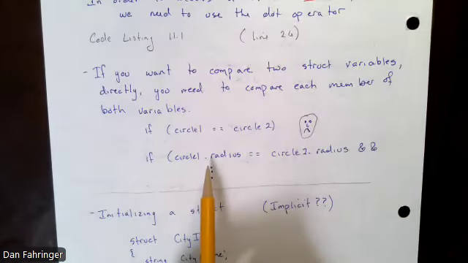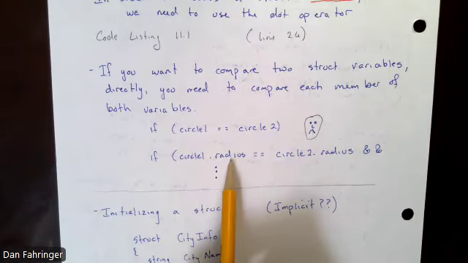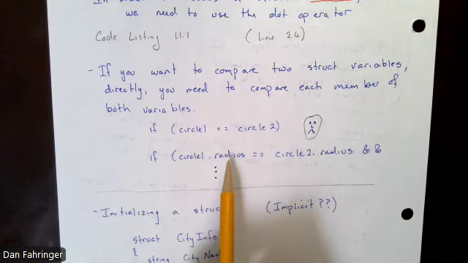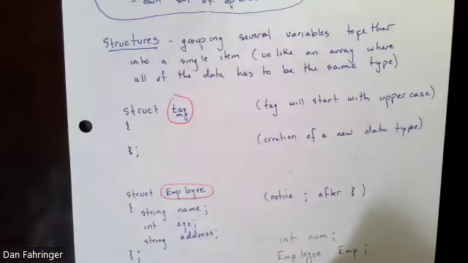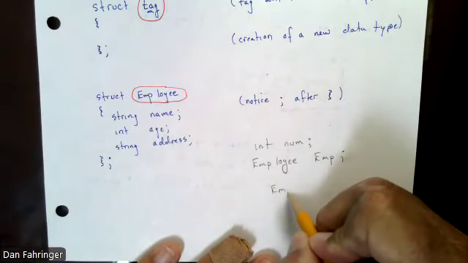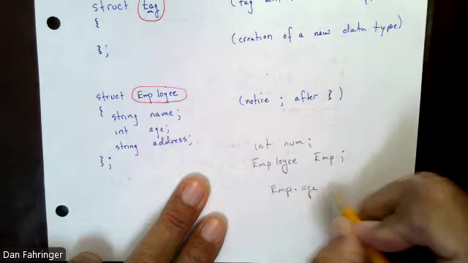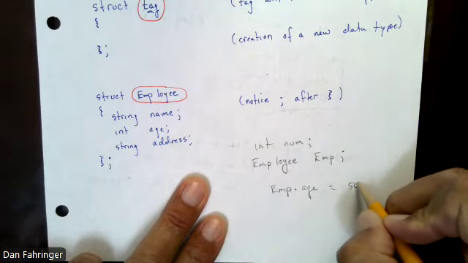And if you look down here, you'll see circle one dot, and this would be one of its members, radius, and it's going to hold a value, probably a double. So over here, I may say something along the lines of emp dot one of its members, age equals 50.